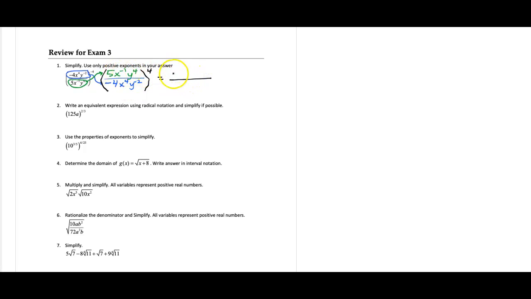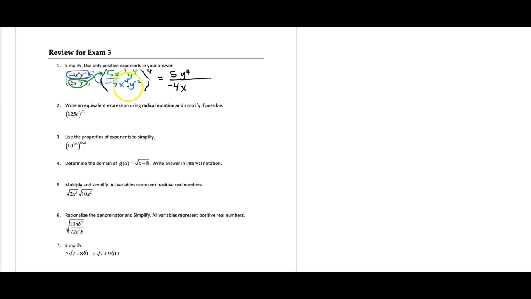Notice that my 5 and my -4, those coefficients, are going to stay just like they are. This isn't a negative exponent, it's a negative coefficient, so it's going to stay there. But this x to the -1 power is going to flip downstairs, and y to the 4th is perfectly happy upstairs, so it's going to stay upstairs.